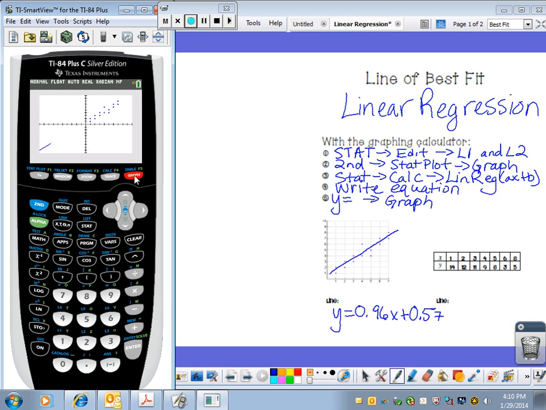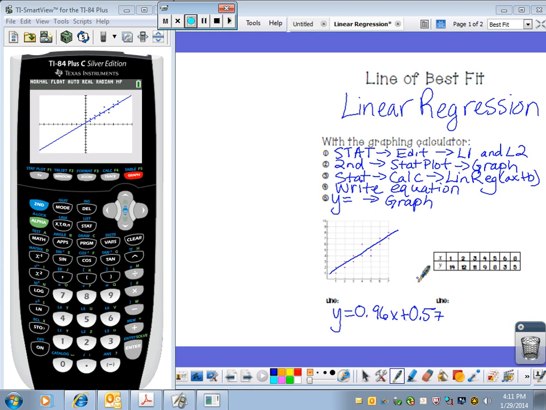Graph. And you see the line appear on your calculator, and that is the line of best fit. Now we can use that line to predict out into the future or into the past, depending on the results that we've already recorded.